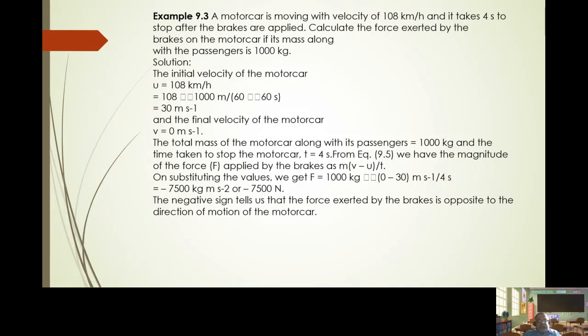On substituting the values, we can get the result, that is 7500 kg meter per second squared, or it can also be called 7500 Newton. The negative sign tells us that the force exerted by the brakes is in the opposite direction of the motion of the car.